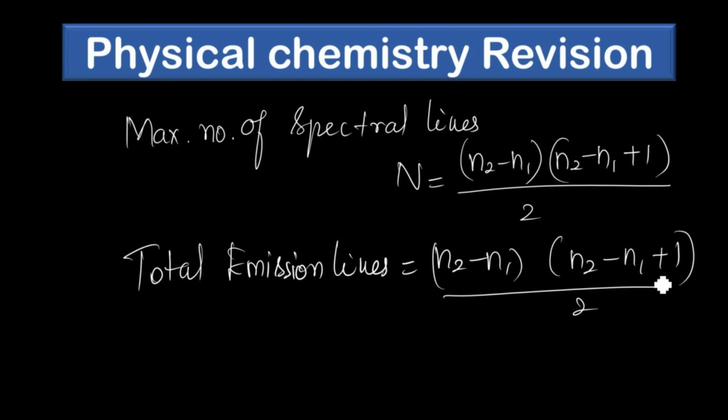Okay, so the same only, the alpha line, first line, starting line, initial line, it is also always referred to as first line of any series. The last line, limiting line, margin line, it is referring to last line of any series. The total number of lines in the sample of atom, which is n2 to n1, that is our transition. So the total emitted lines, which is n into n minus 1 divided by 2 for n to 1. n into n minus 1 by 2.